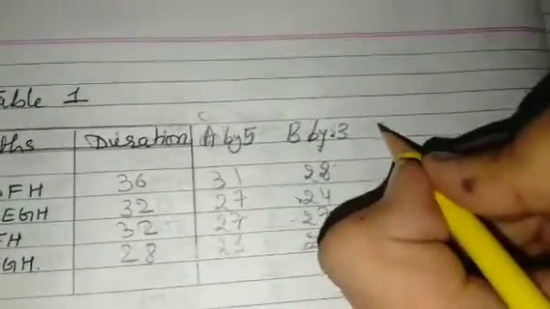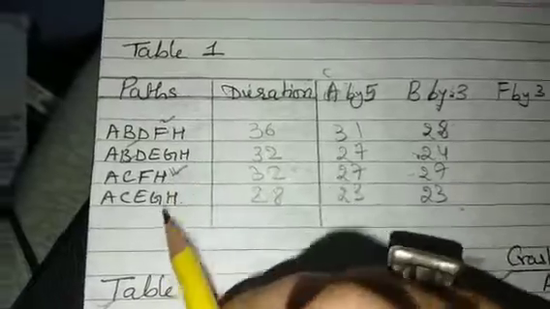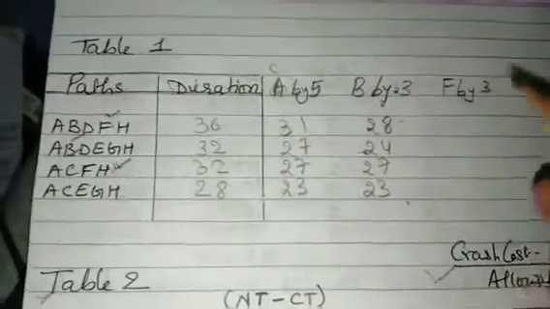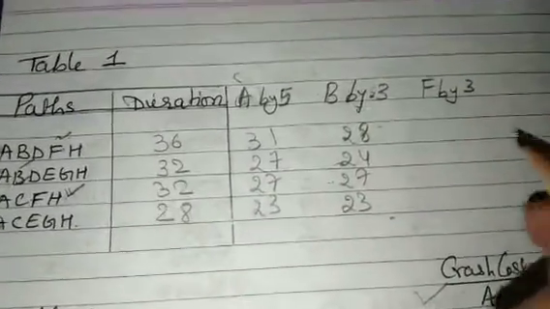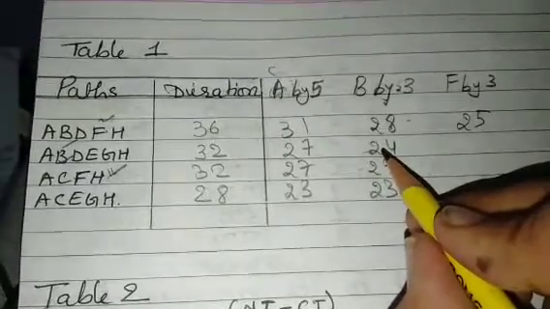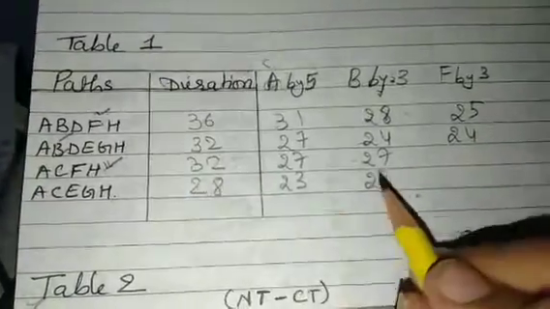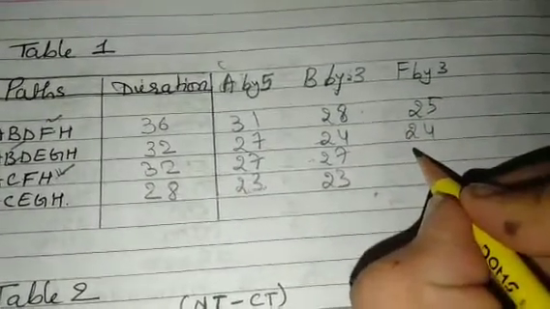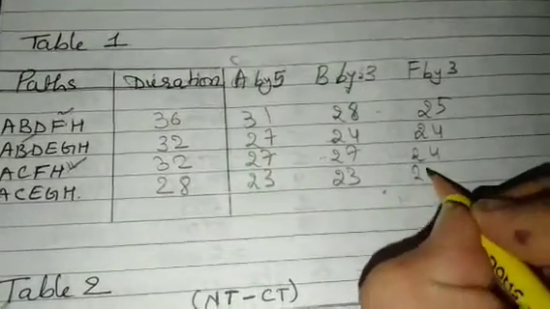Where F is there, that path only can be crashed, so it is the first and third. 28 minus 3, that would be 25. Here F is not there, so write it as it is, 24. F is there, so 27 minus 3, again 24, and here F is not there, so 23 as it is.